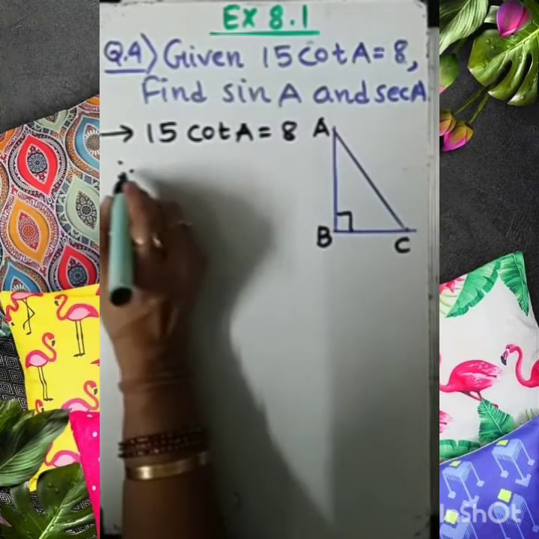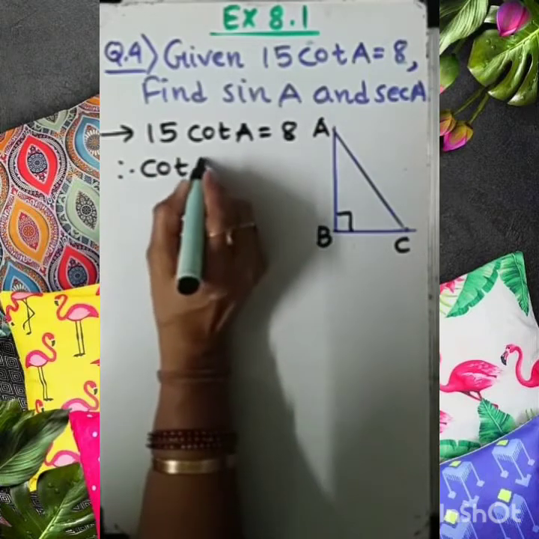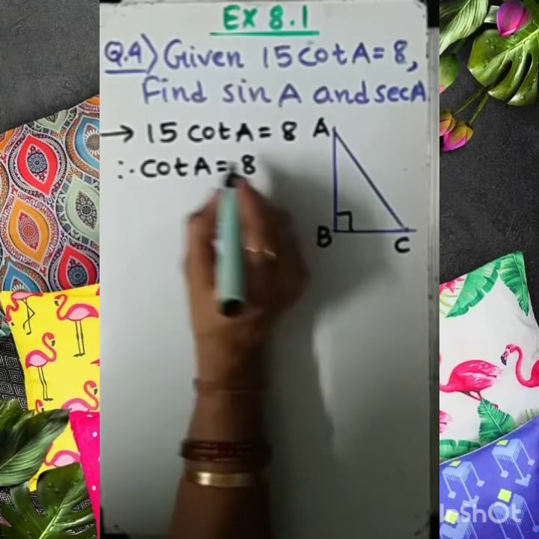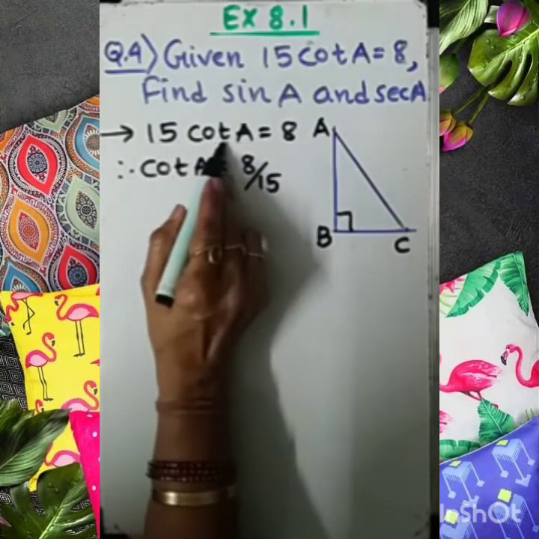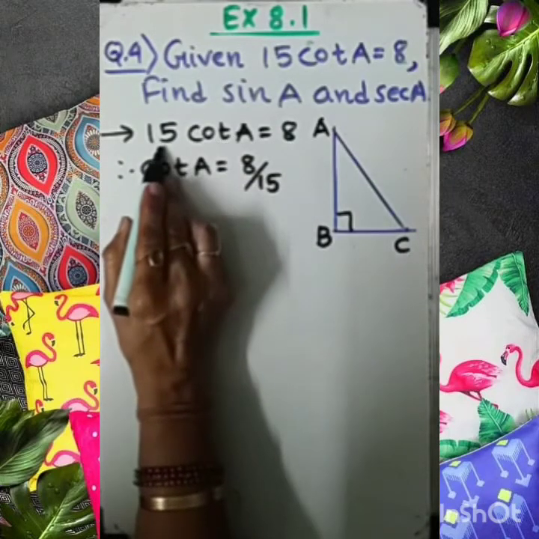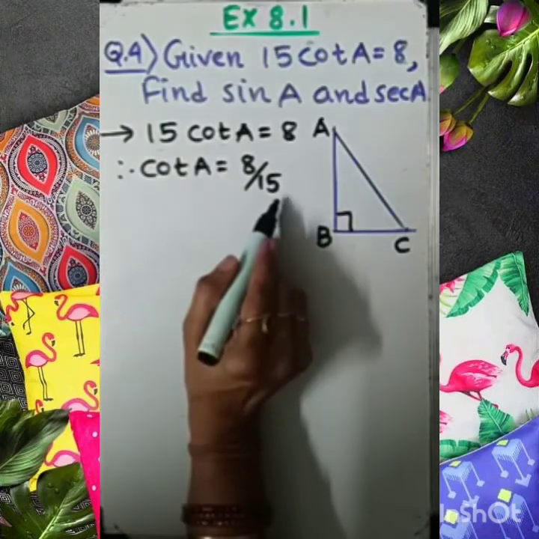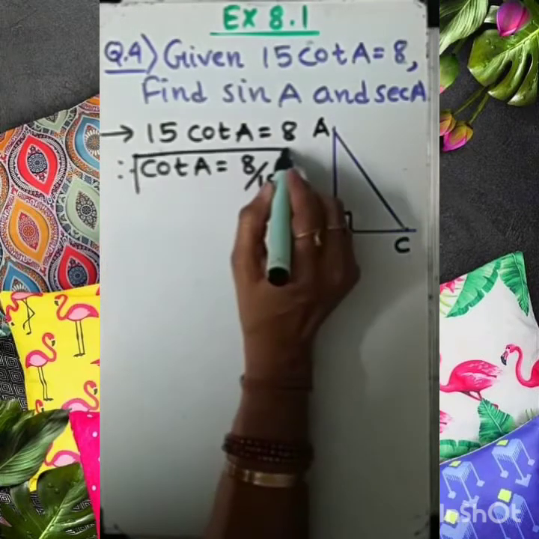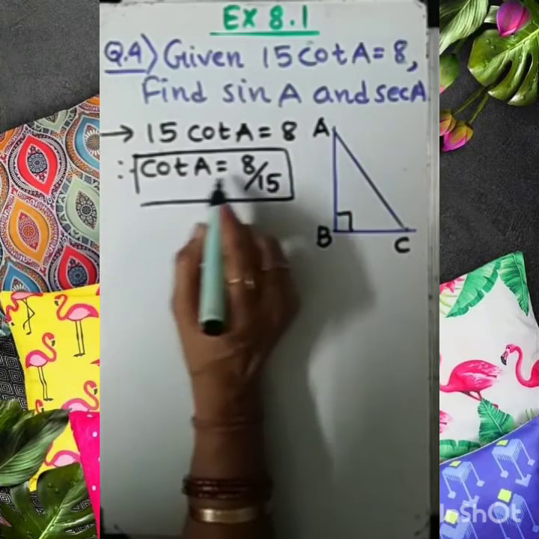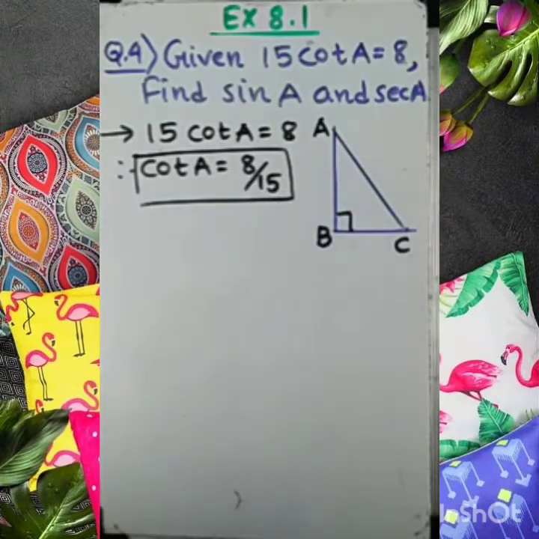So I can write cot A in the form 8 by 15, because this 15 is in product with cot A. I can separate it and it becomes the denominator on the other side. Now it will be easy to understand: the value of cot A is 8 by 15.